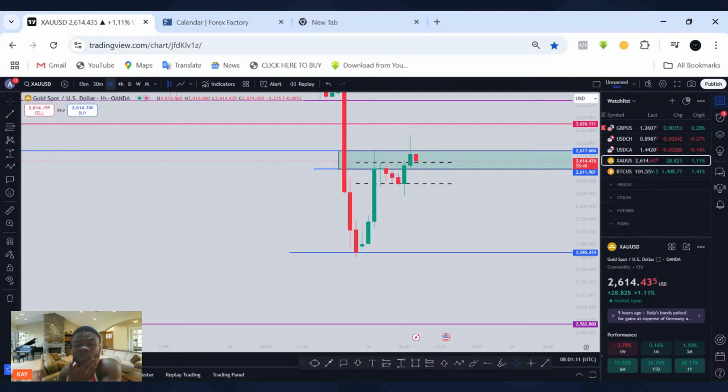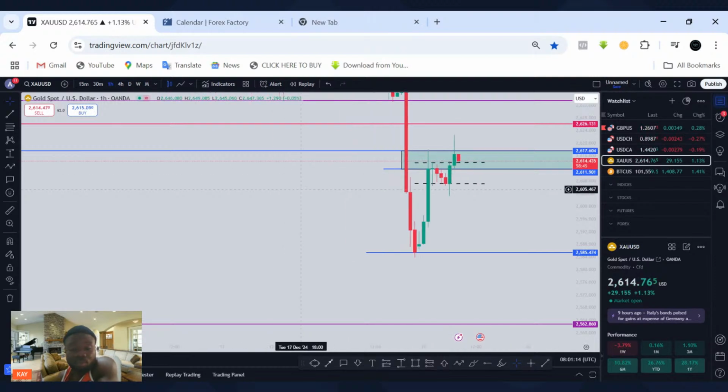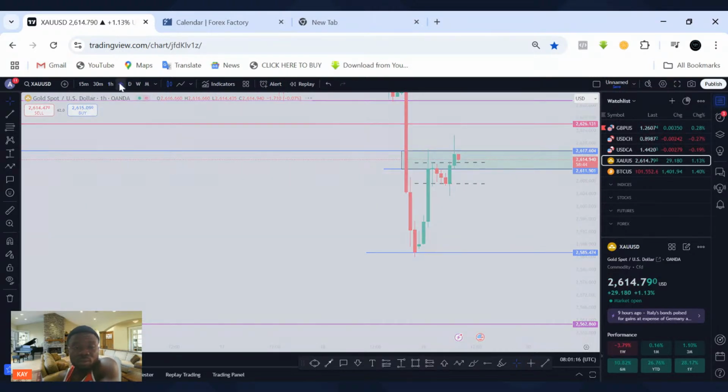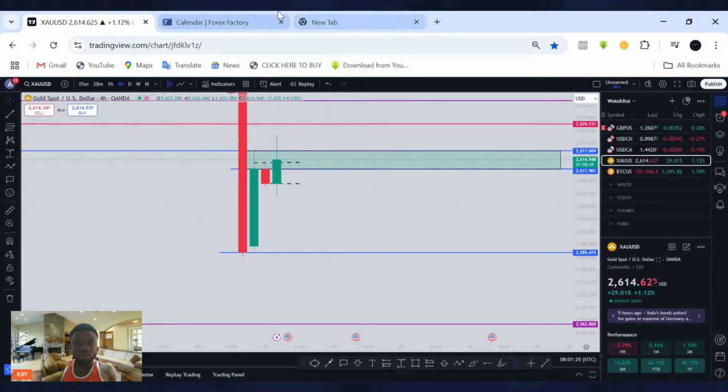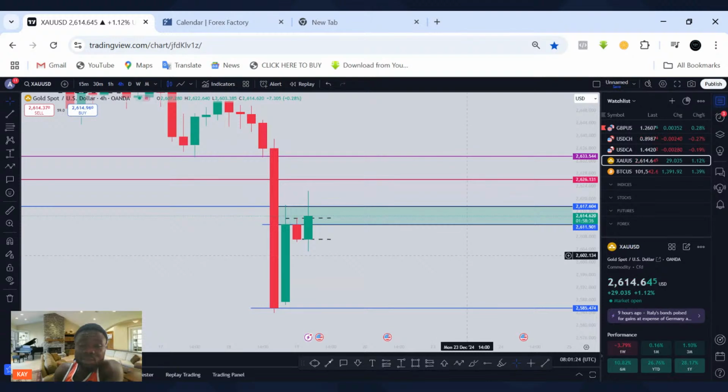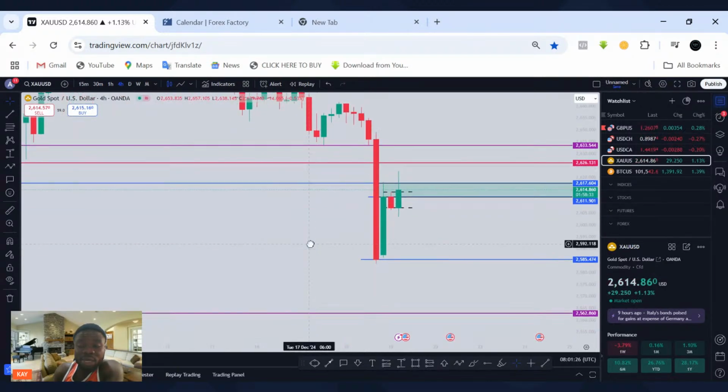That's what normally happens when we get high impact news. When high impact news hits the market, it normally gives a clear market structure, a clarity in price.